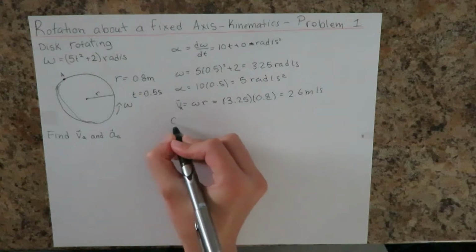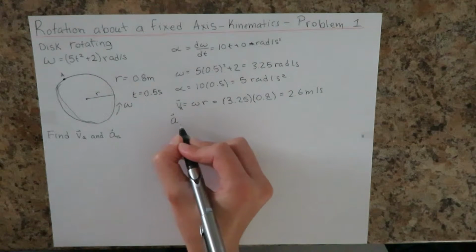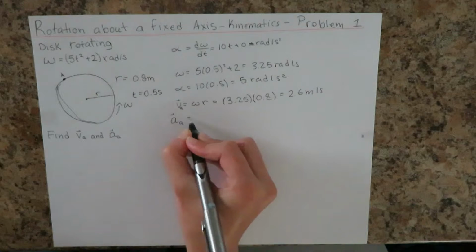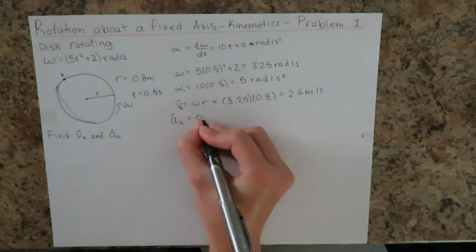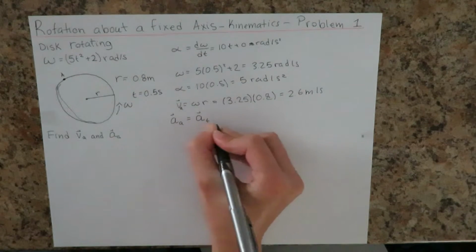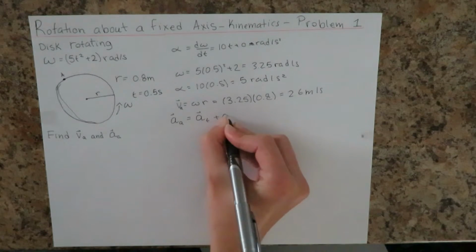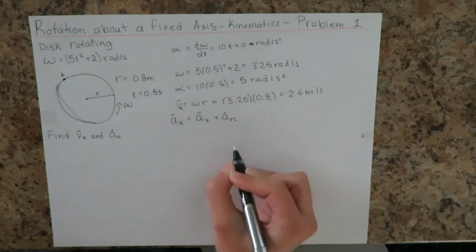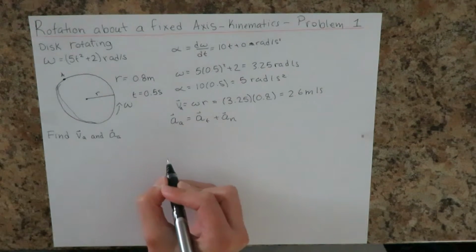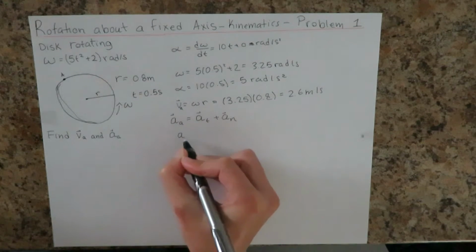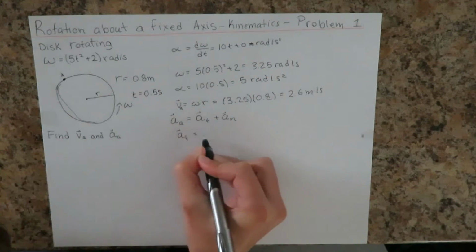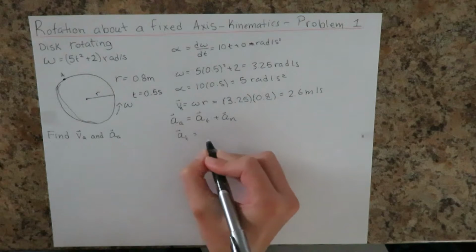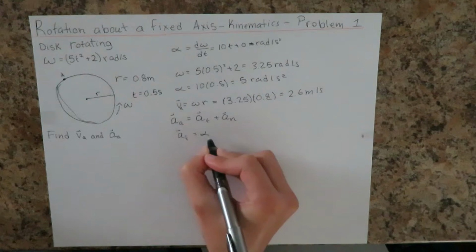Acceleration is a bit trickier, but I touched on this in the last video too. So acceleration is going to have two components. It's going to have its tangential component and its normal component. The tangential component I defined last time as being equal to alpha r.